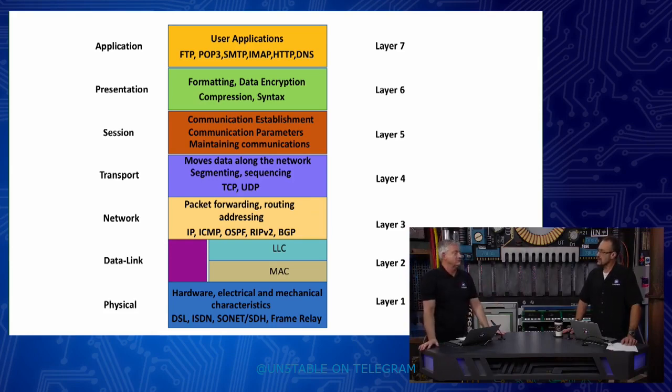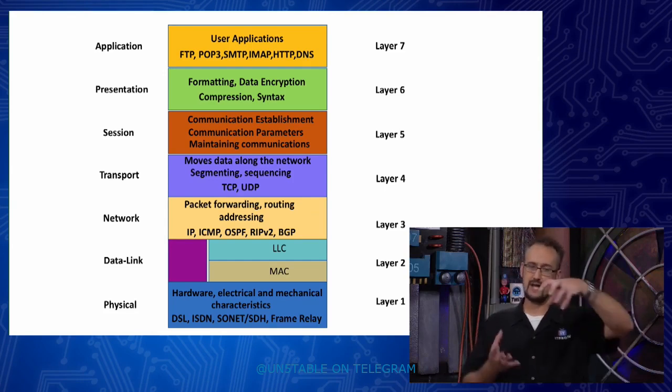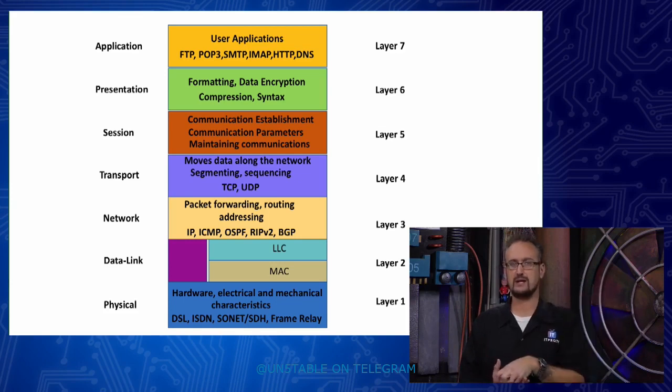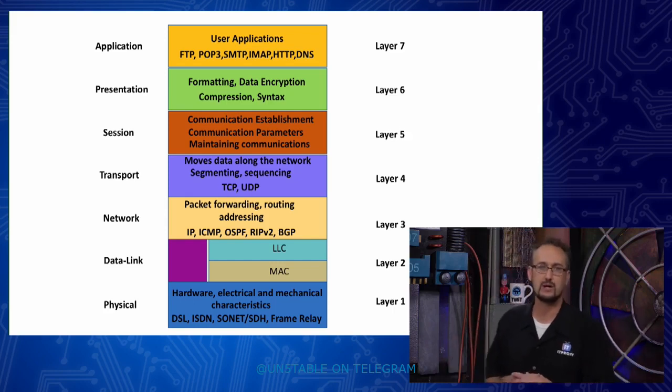At this point, what we're talking about is there's no more addressing. What we have is the data link layer frame, essentially, placed on the media in its raw bit form. Right now, we're talking about the hardware, the electrical and mechanical characteristics that are defined at this layer. It is important to understand that this is where we talk about, if we're using Ethernet, are we using fiber optic media?